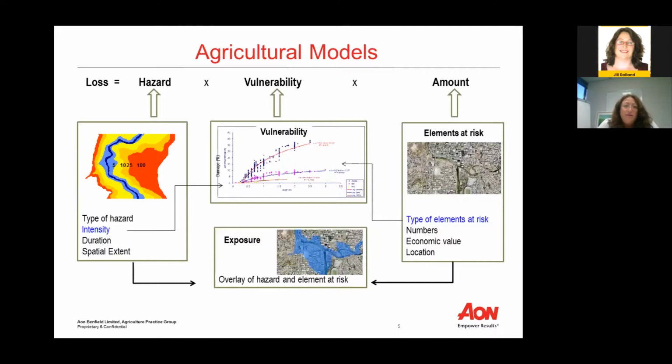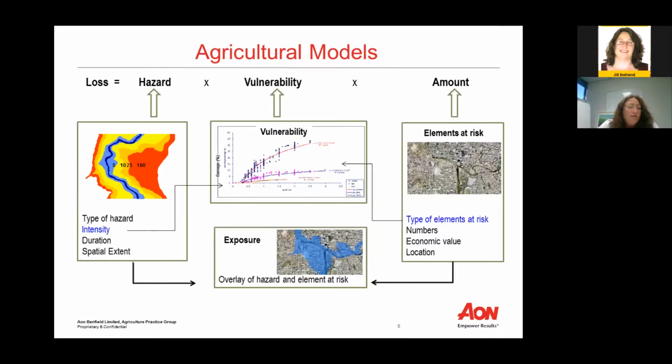So here is a little bit of a more graphical representation. You've got your hazard, and that can be defined in lots of ways. It can be the intensity of the hazard, so with a cyclone, is it a Cat 3, Cat 4, Cat 5?